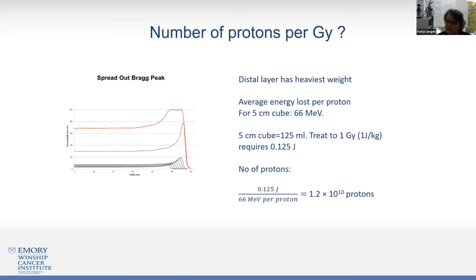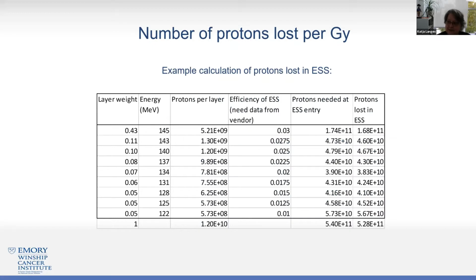And you know the average energy per proton, so you can then calculate that you need about, in this case, about 1.2 times 10 to the 10 protons to treat this particular cube to 1 gray. So once you know this, and you know your energy layers, you know the energy layer weight, you can calculate how many protons each energy layer needs.